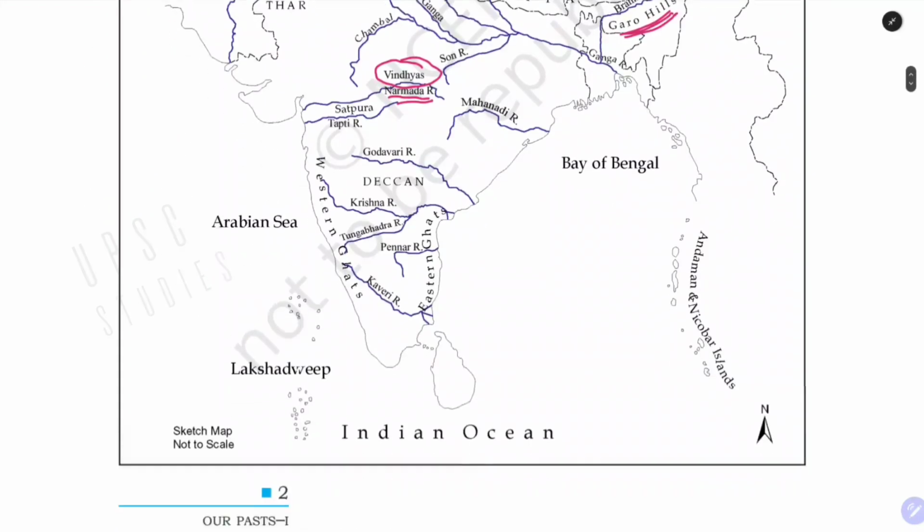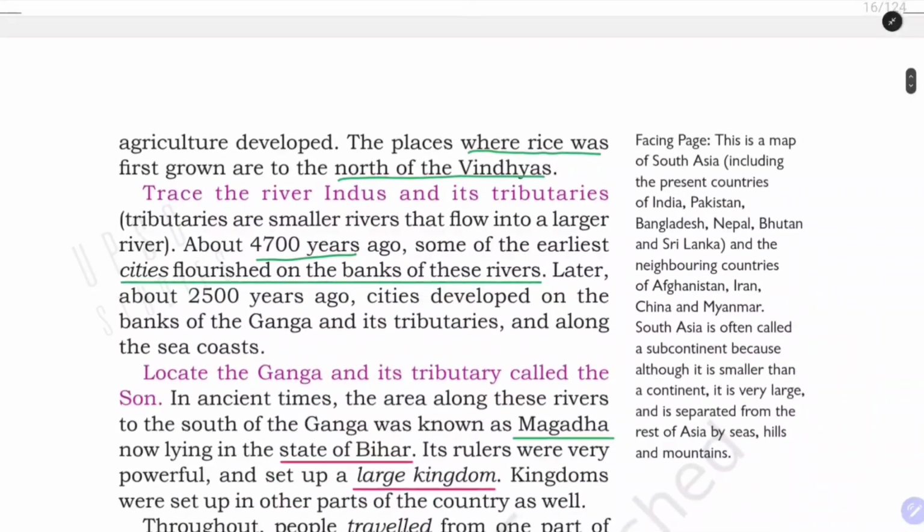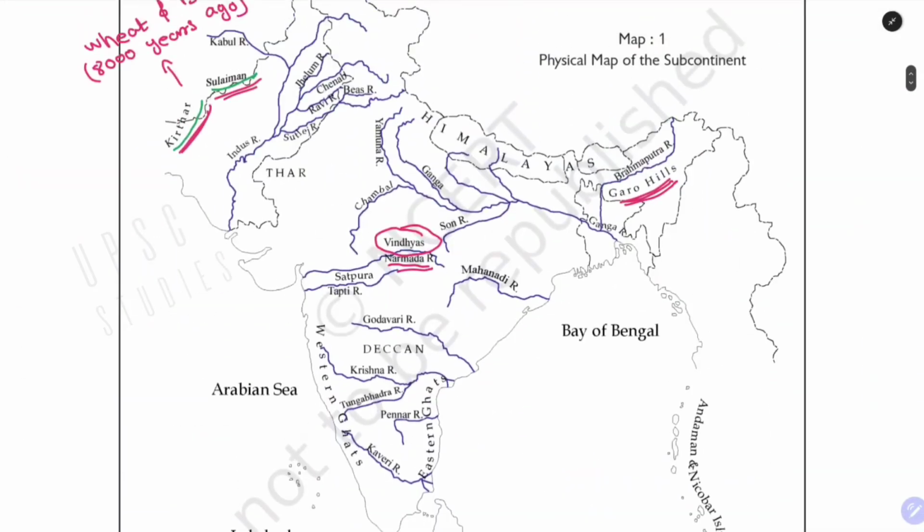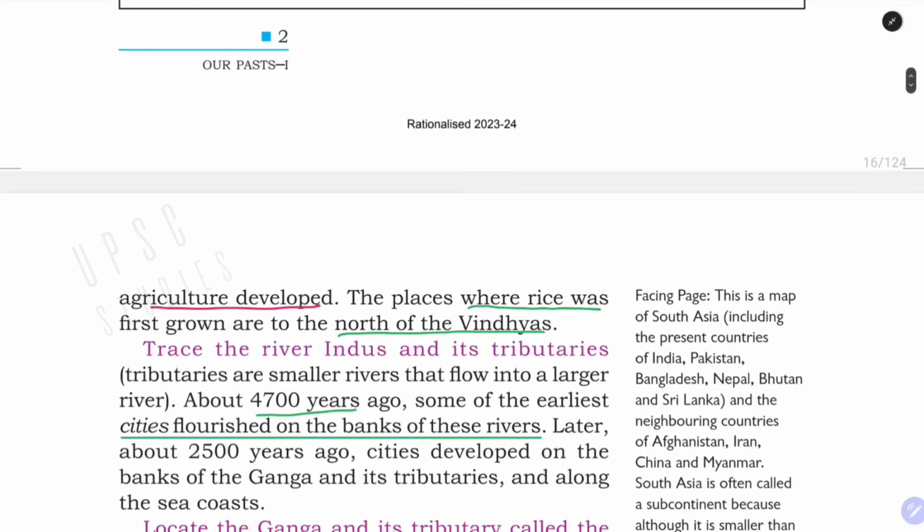Okay. So in this region, agriculture developed, where the Vindhyas and the Garo hills are. Here agriculture developed in the places where rice was first grown, north of the Vindhyas.